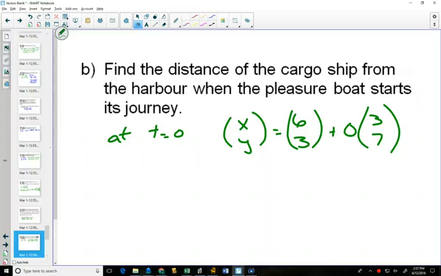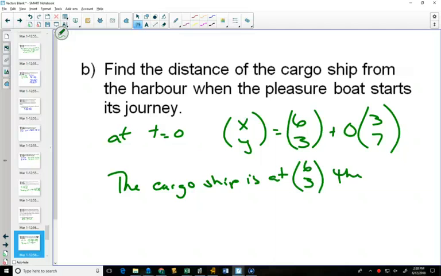So at t equals 0, the cargo ship is at 6,3. The harbor is at 0, 0. How would you figure that out?